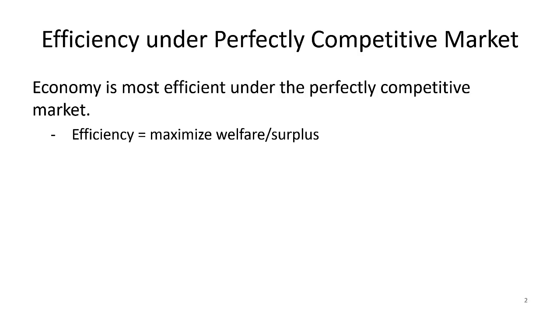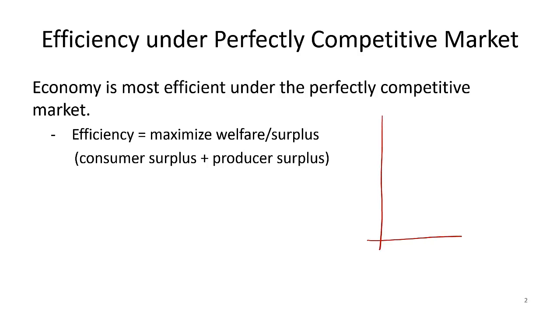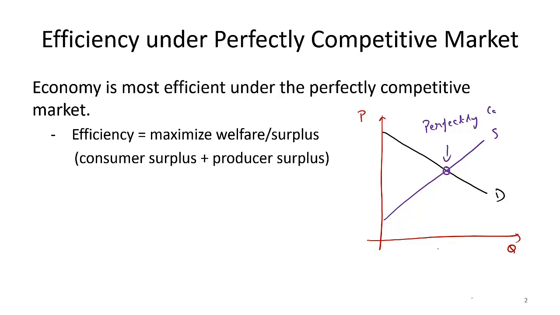Efficiency means that it maximizes welfare or surplus, and if you remember, welfare or surplus is measured as consumer surplus plus producer surplus. Now, to understand this better, in a perfectly competitive market and in a standard demand and supply diagram, if you have price and quantity, and this is your demand and this is your supply, the point where demand and supply meet is your perfectly competitive outcome.